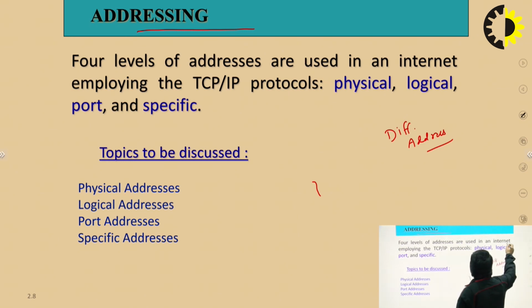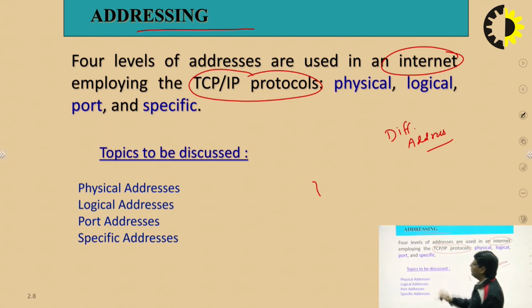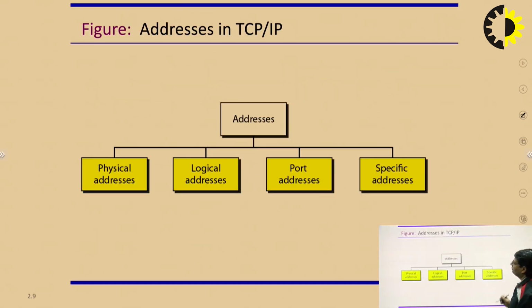For example, if we are using the internet and employing the TCP/IP protocol model, then 4 types of addresses are generally used. These are physical address, logical address, port address, and specific address.